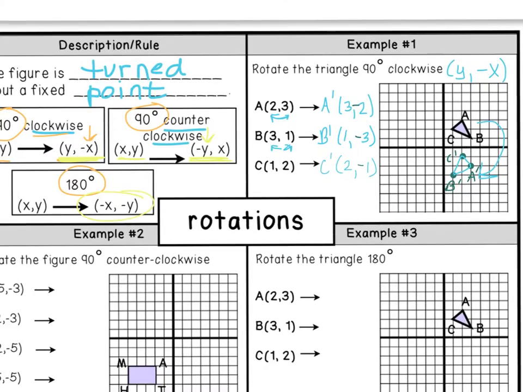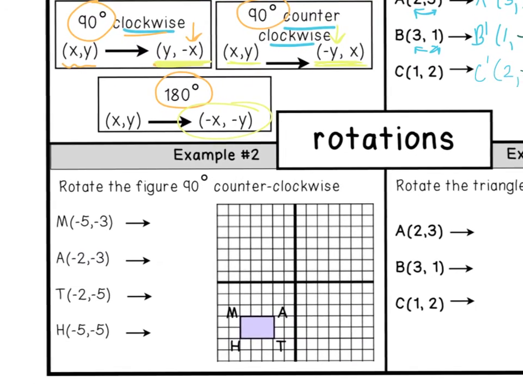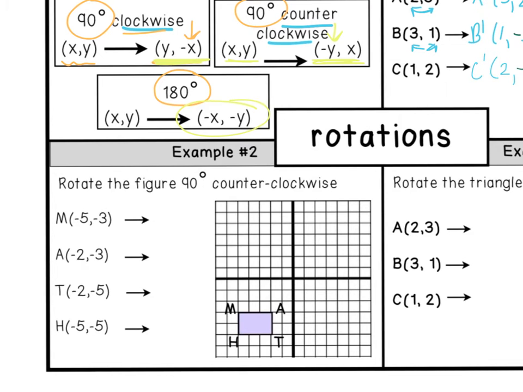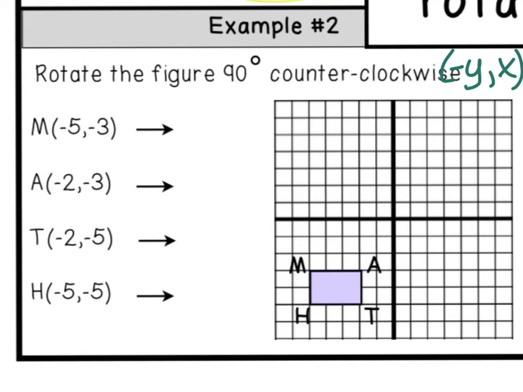Let's try the next one, counterclockwise. So in a counterclockwise rotation, we're going to focus right here. We're going to flip-flop the ordered pairs, and the y value then becomes negative. Okay, so let's look at our first ordered pair, let's look at our M prime.